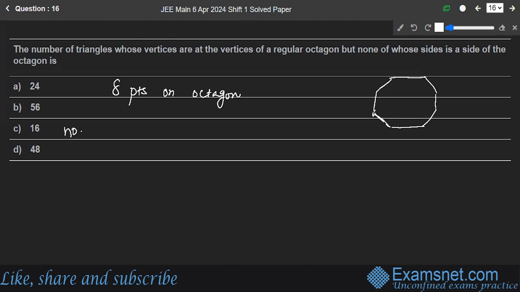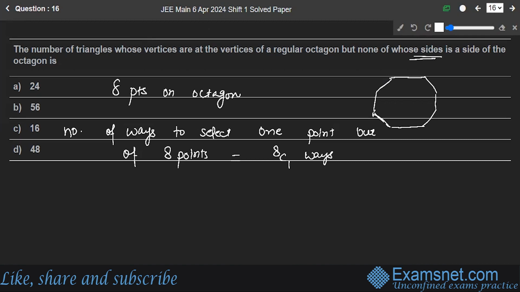So the number of ways to select 1 point out of those 8 points is 8C1 ways.